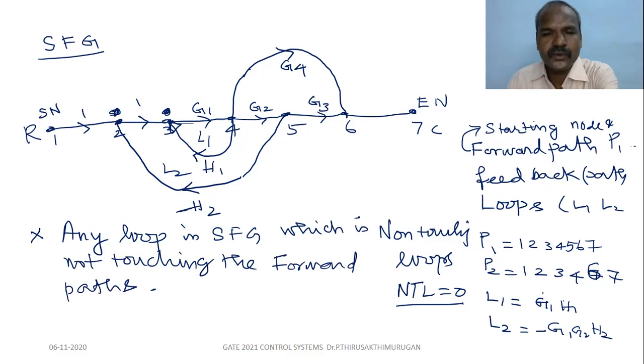To get the transfer function from the signal flow graph, we are going to study the rule called Mason's gain rule.